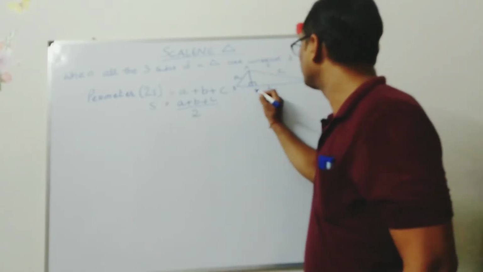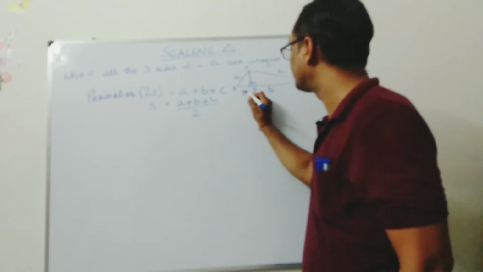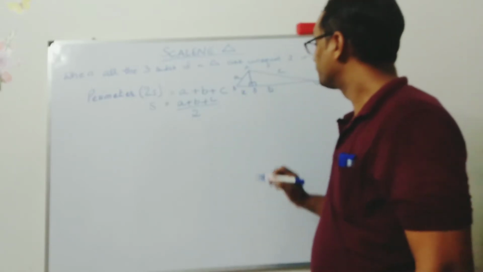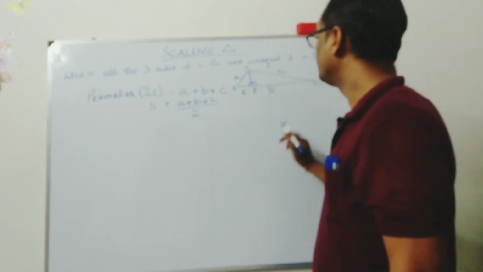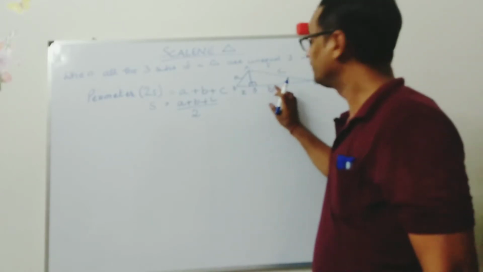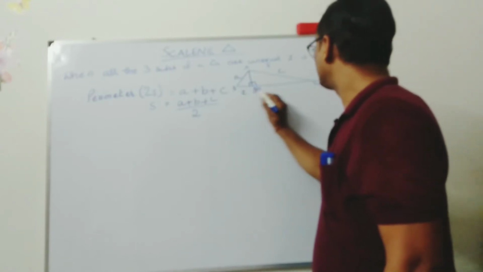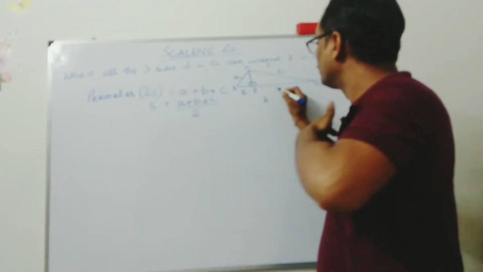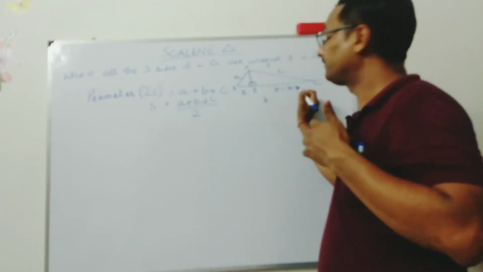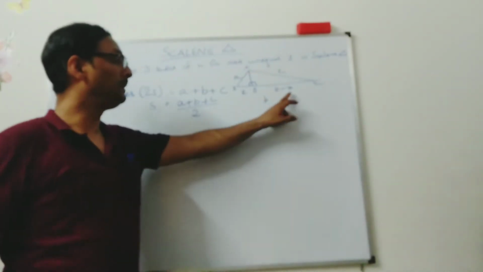Suppose this is D, and if the length from B to D is X, then what is the length of D to C? This total is B, and if you have taken out X from this, then this is B minus X.